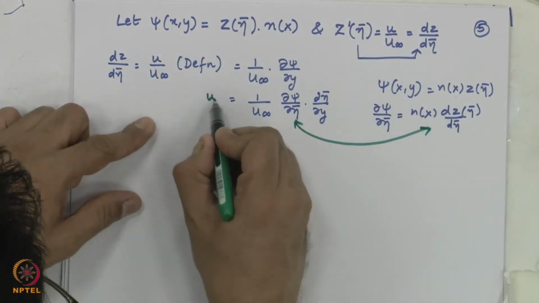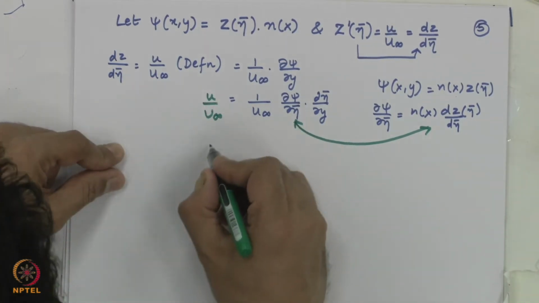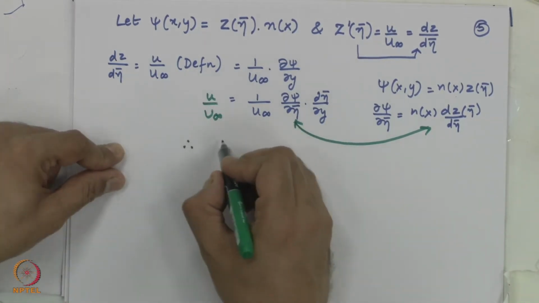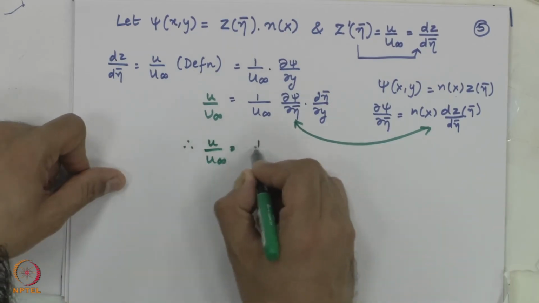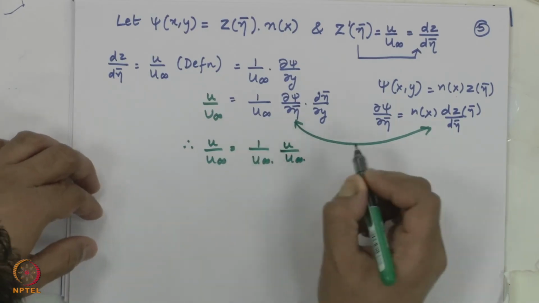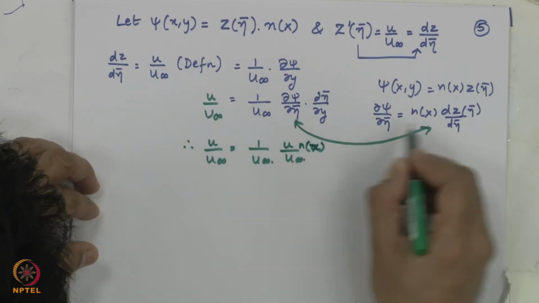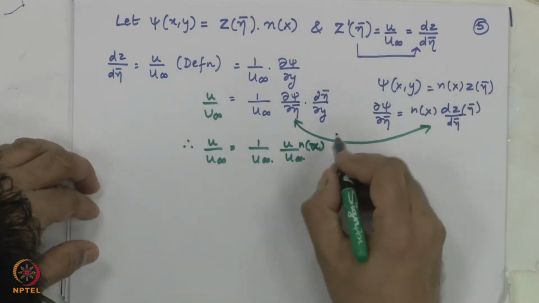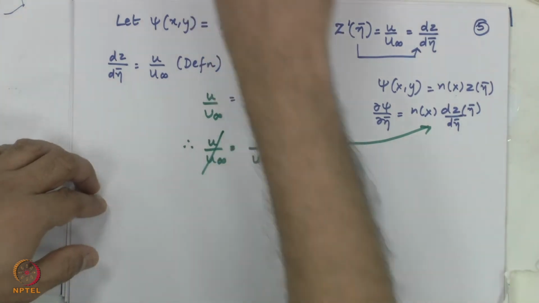So, this quantity in effect d psi by d eta bar is this. Left hand side was what? u by u infinity. Right hand side also I am getting u by u infinity. So, that will cancel. Therefore, I would get u by u infinity is equal to 1 by u infinity, u by u infinity into n of x, that is going to come, d eta bar by dy. So, u by u infinity cancels.